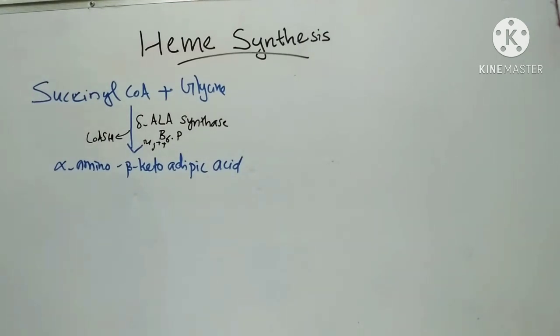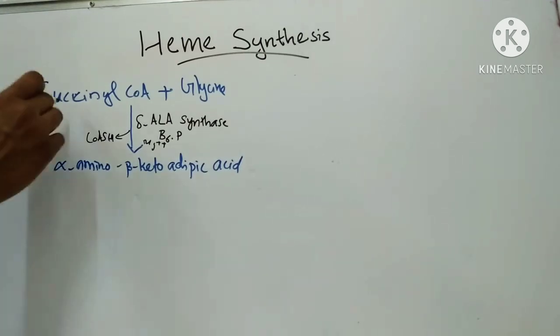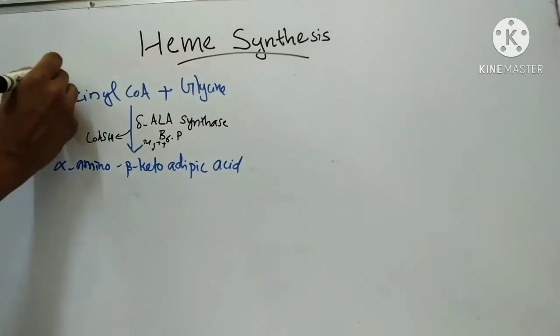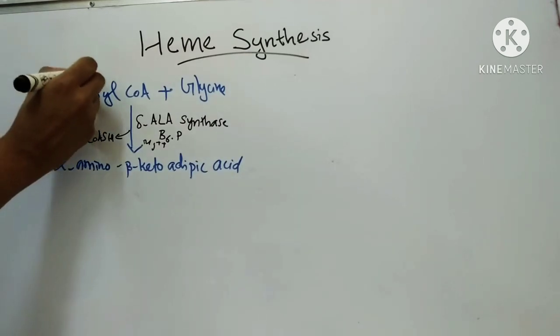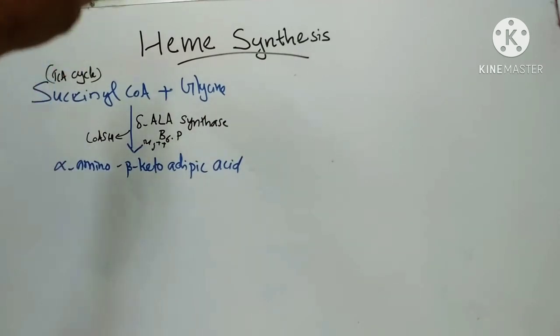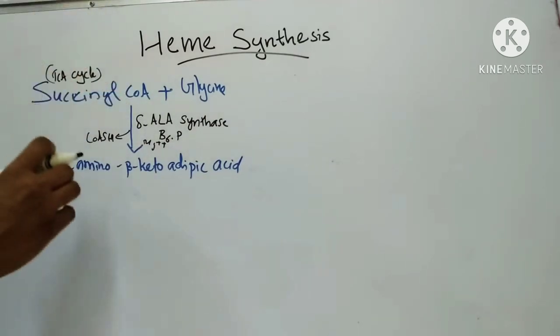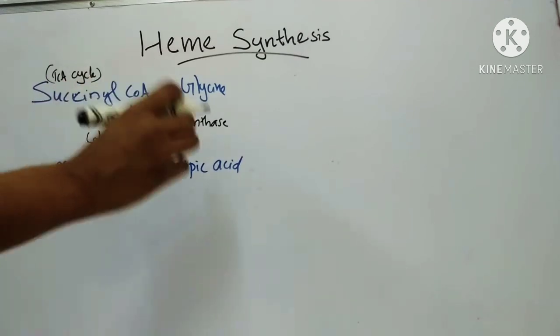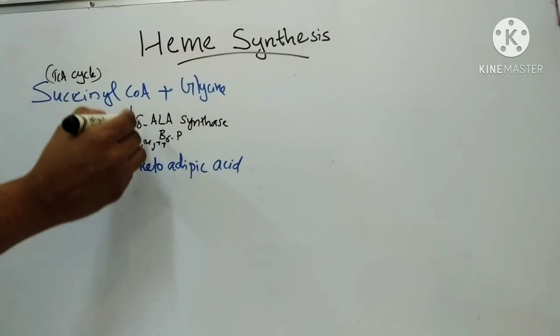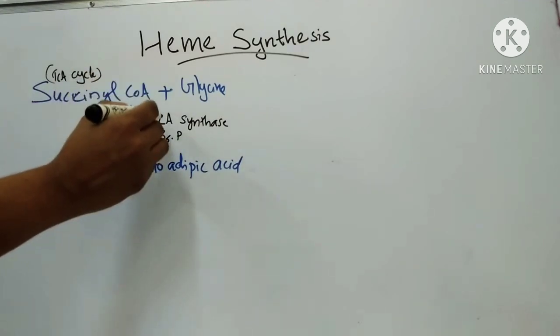Here the biosynthesis begins with the condensation of succinyl CoA, an intermediate in the TCA cycle, and glycine, forming alpha amino beta keto adipic acid.